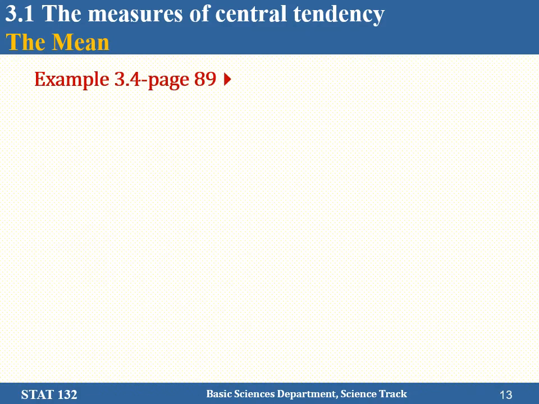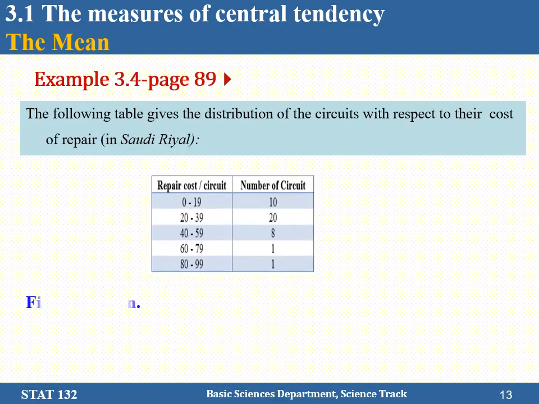Now let's look at this example. The following table gives the distribution of circuits, the number of circuits with respect to their cost of repair. When you read this table, you will understand we have 10 circuits whose repair cost is less than 19 reals.